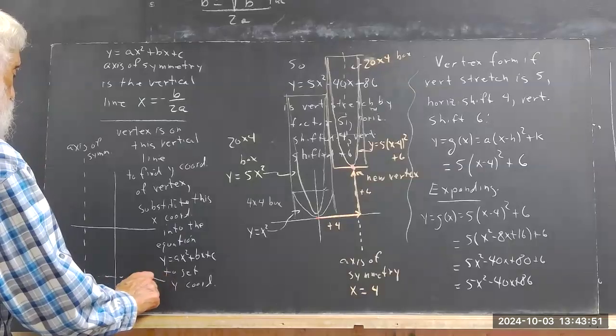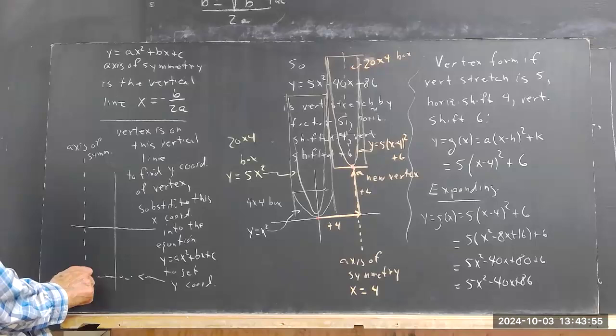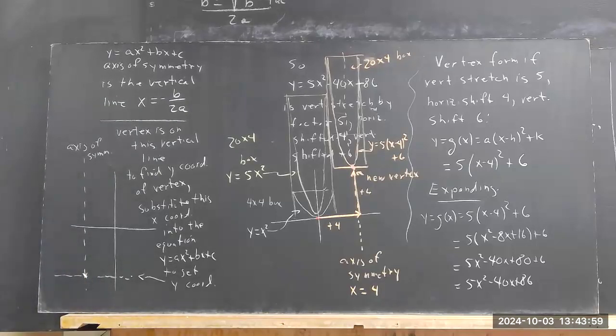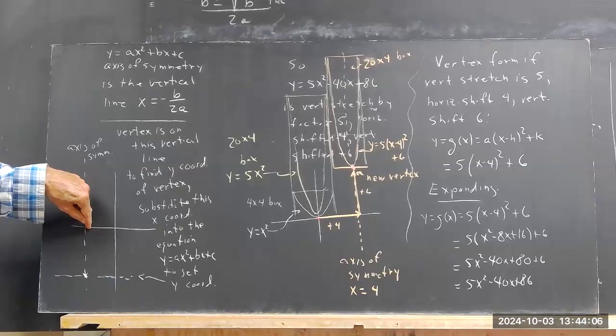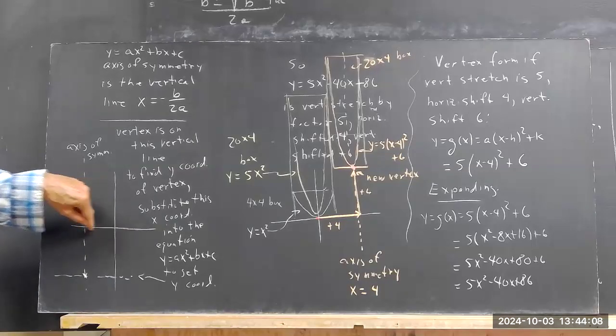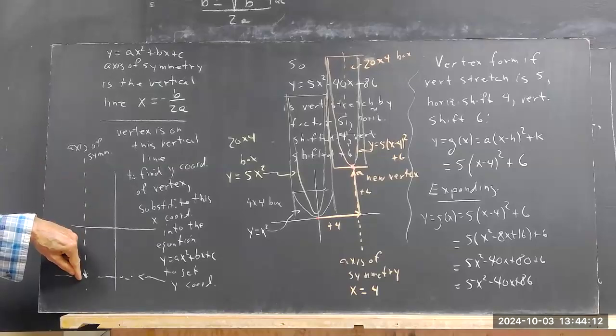So here's your y coordinate. The y coordinate is the value of y for this horizontal line. So here's your vertex. Well, now you know what h and k are. h is whatever takes you from here to here, well, the negative of what takes you from here to here. And k is whatever takes you from here to here.